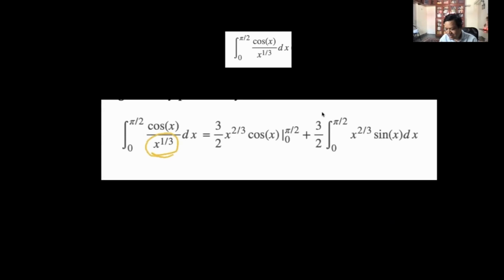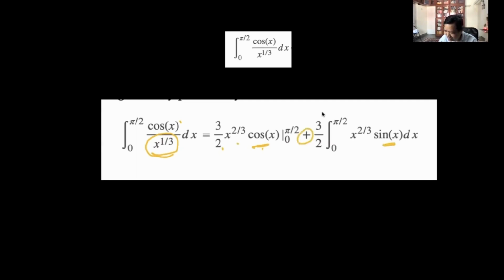Now we can do the same integral by parts. We take this as the first function and this as the second function. The first function is cos x. Integral of the second function, 0 to pi by 2, then derivative of the first function, which is sin x.